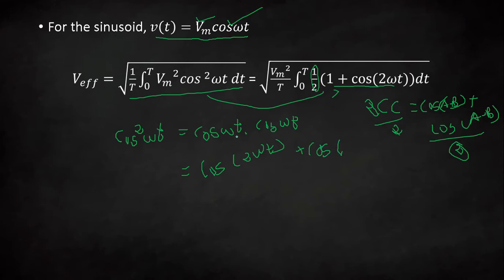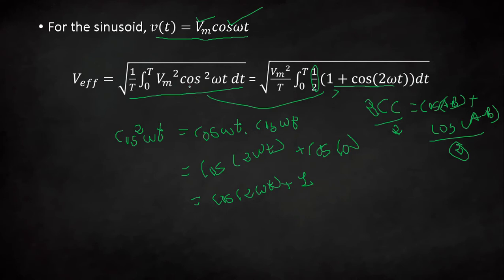Here a is omega t, b is omega t, so a minus b will be 0. So the final answer will be cos of 2 omega t plus cos of 0, which is 1. So here it is cos 2 omega t plus 1.